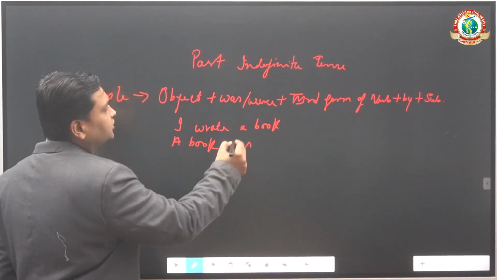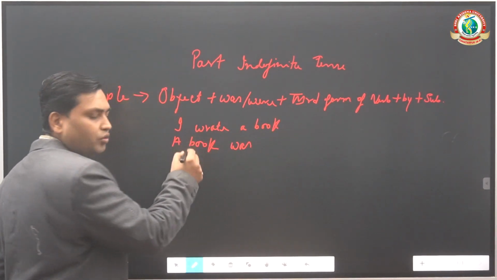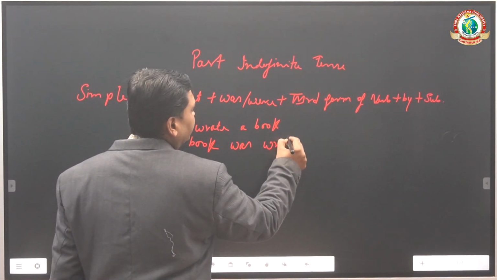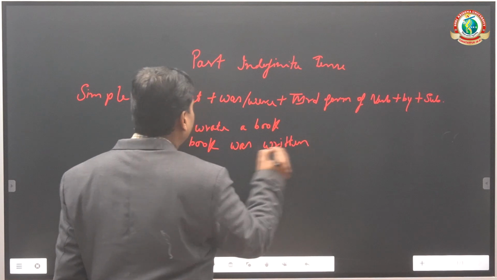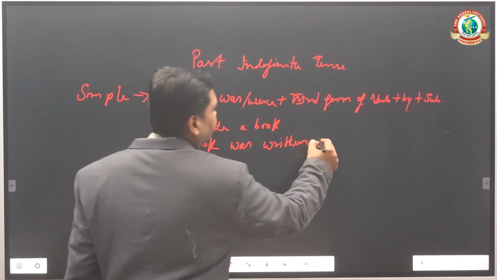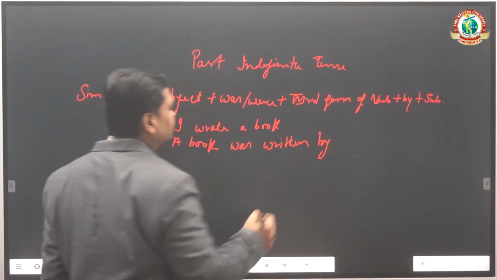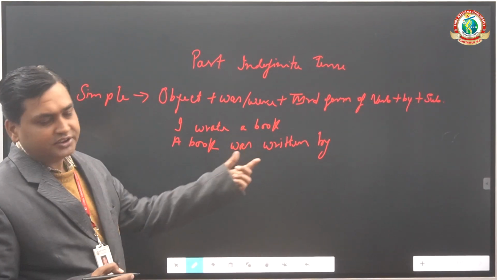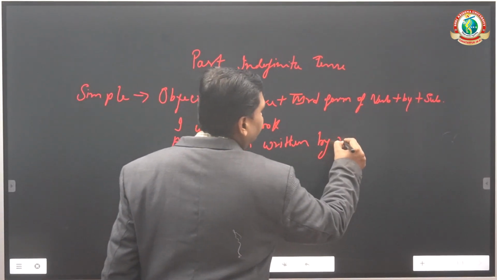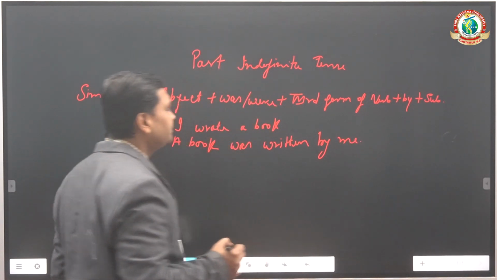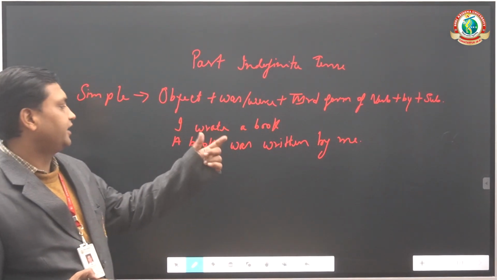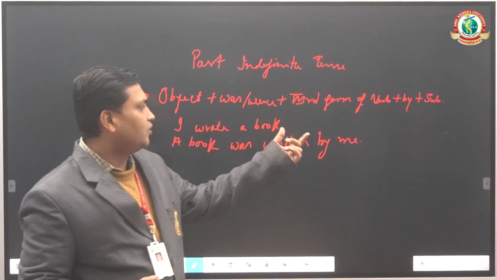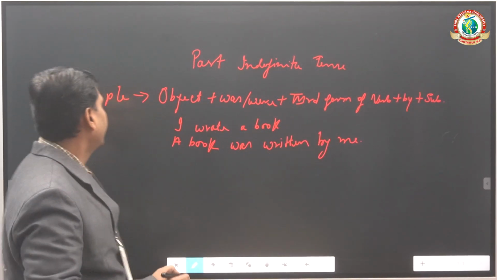A book was, third form of verb: write, wrote, written. The third form of write is written. A book was written by. I had discussed that I would be changed to me, by me. So this is the passive voice of I wrote a book. Object plus was plus third form of verb plus by plus subject.